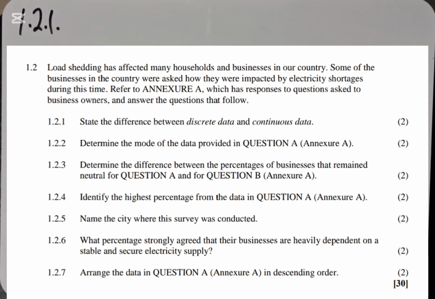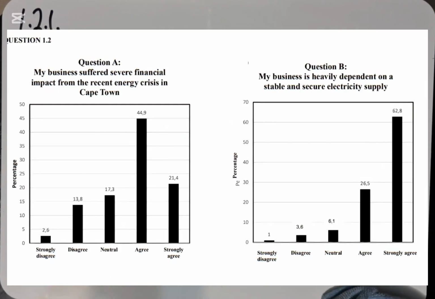If we look at this Annexure A, we can see that we have question A and question B, with responses in terms of percentage. Question A: my business suffered several financial impacts from the recent energy crisis in Cape Town. Don't forget, this is happening in Cape Town.